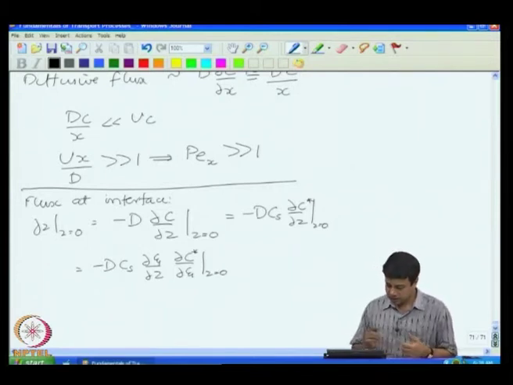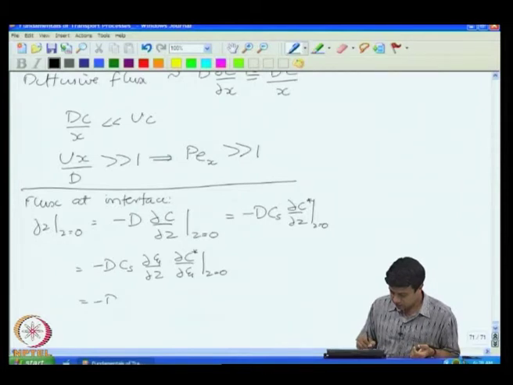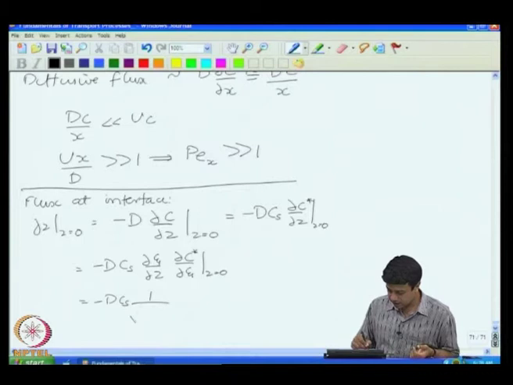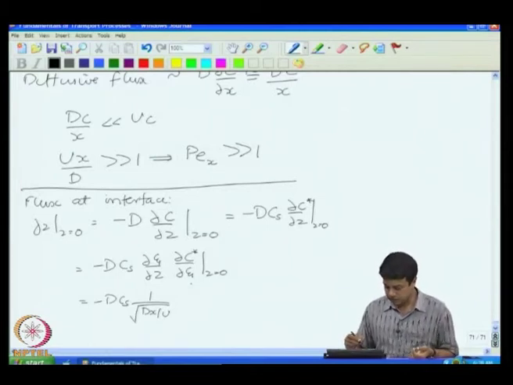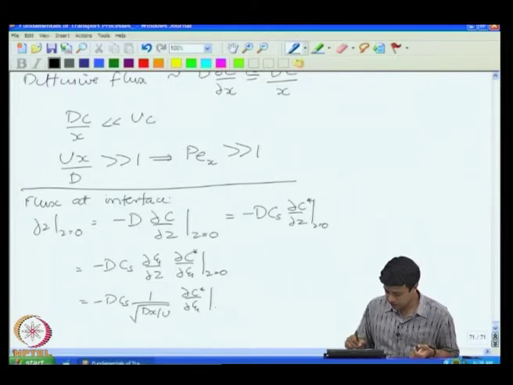And d psi by dz is equal to 1 by square root of D x by u. Instead of Dt, I have Dx by u. So, I have just partial c star by partial psi at psi equal to 0.